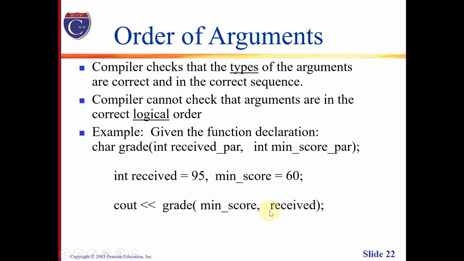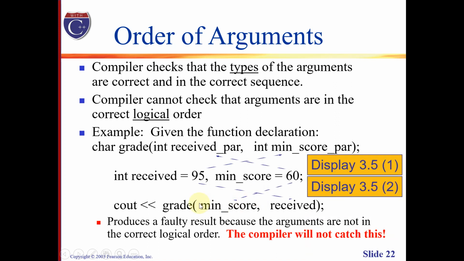On the other hand, this argument is supposedly for this formal parameter, which is the first one. This would produce a faulty result because the arguments are not in the correct logical order. However, our compiler will not see that as an error.